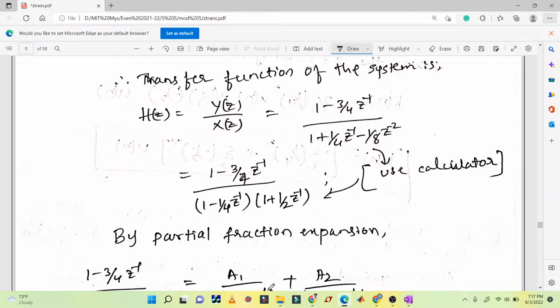Okay, the roots are plus 1 by 4 and minus 1 by 2. That's why we are going to get this as our next equation. Here it is minus 1 by 4, that means it is a plus 1 by 4. One root is 1 by 4, another one is minus 1 by 2.